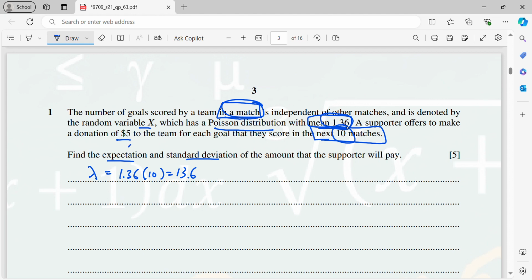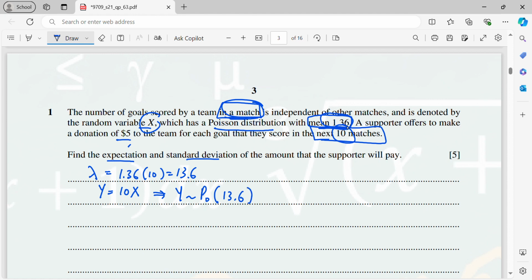Now, from here, I know that my Y is 10X, because X is for a match. So therefore, my Y is Poisson distributed with mean 13.6.